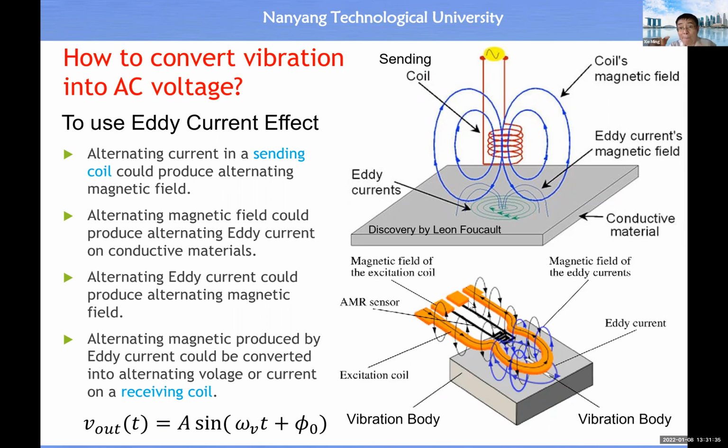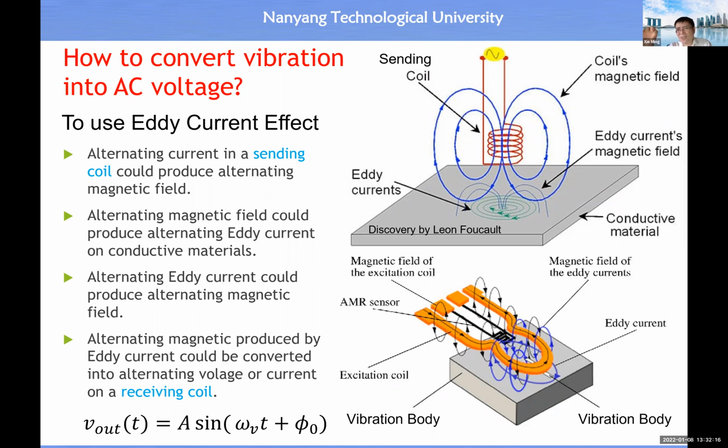However, the magnitude of this AC voltage is a function of the distance between the vibrating body and this receiving coil. This corresponds to the magnitude of vibration, which in this case corresponds to the displacement. Then this displacement will be converted into the magnitude of output DC voltage. So we just need to get the time function of the magnitude of the output DC voltage.